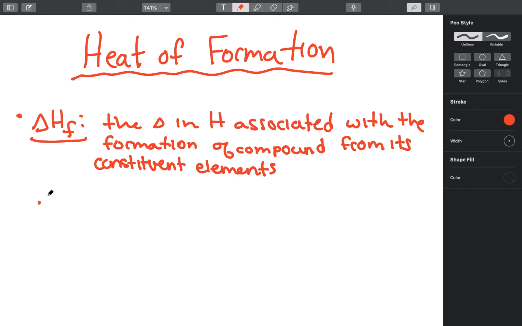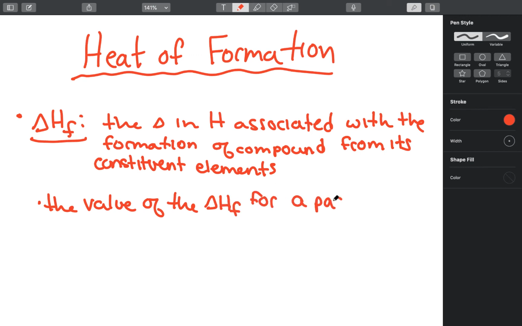Now, the value of the enthalpy of formation for a particular compound can vary. So in other words, one compound can have multiple heats of formation values.